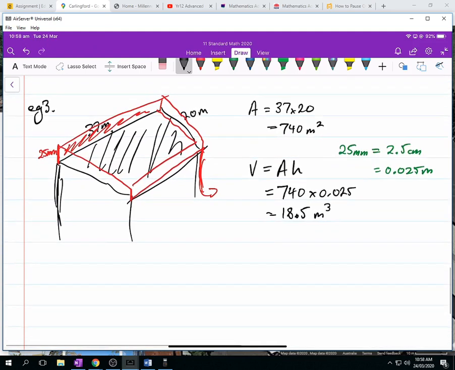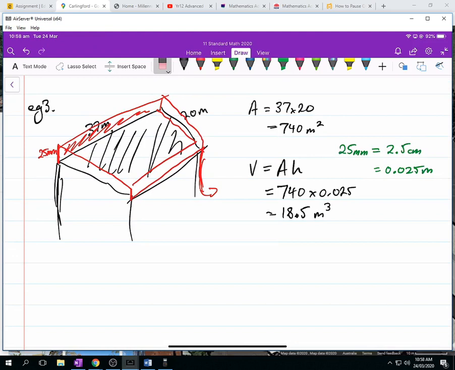We could then see that that is the same in terms of capacity of 18.5 kiloliters, or 18,500 liters of water, which is quite a lot. When you look at Bunnings water tanks, they might be a 5,000 litre tank.